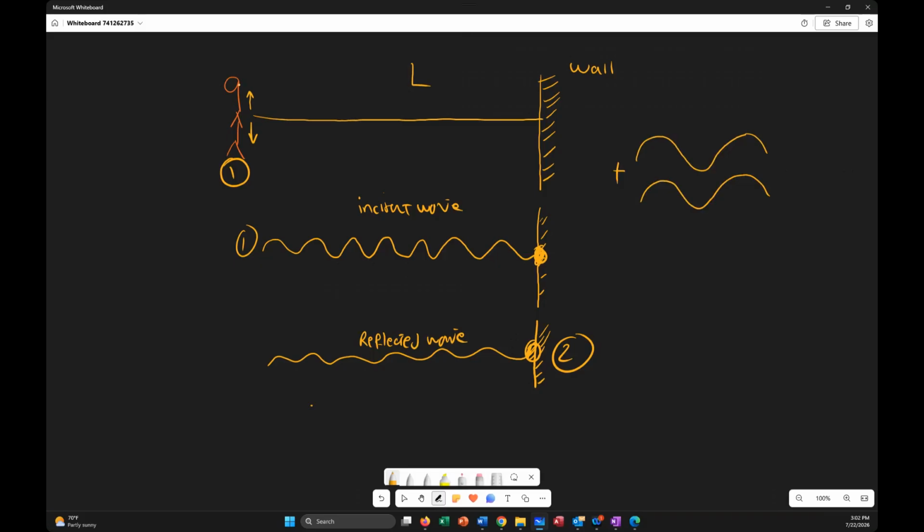Here, they are in the same phase. When you add these two waves, it's going to be a wave with a bigger amplitude. Let's say this is A, this is A. Now this is going to be 2A. We call this constructive interference.